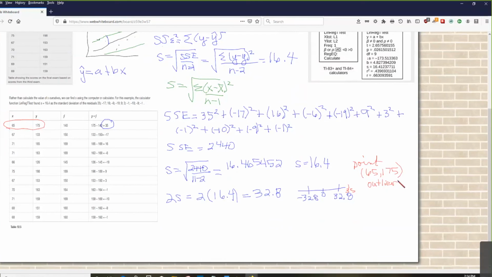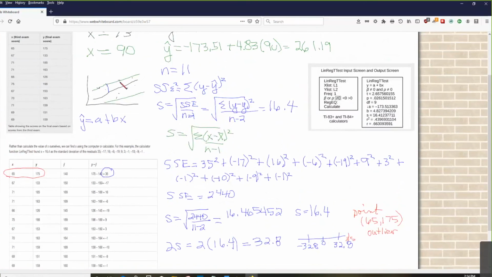And sometimes you can visually see it on a graph, but sometimes, like say this point right here where it's just barely above that line, that might be kind of hard to visually see, but your calculations will identify it. So if you have an outlier, then that just tells you that's the data point you need to take a look at.